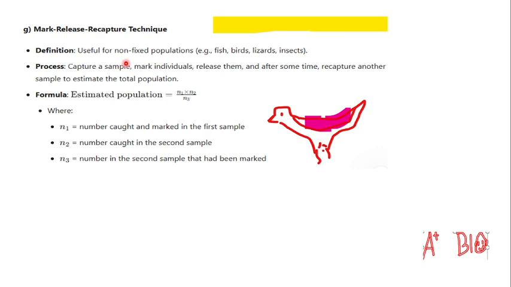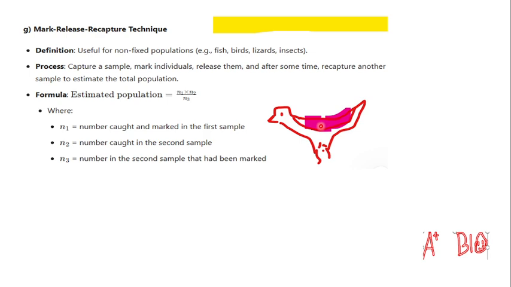You should understand how those organisms are moving along the ecosystem, how many are going, how many are coming back. So the process: you capture and mark individuals and release them. After some time you come back and recapture another sample to estimate the total organisms. You will put a marker here like this.